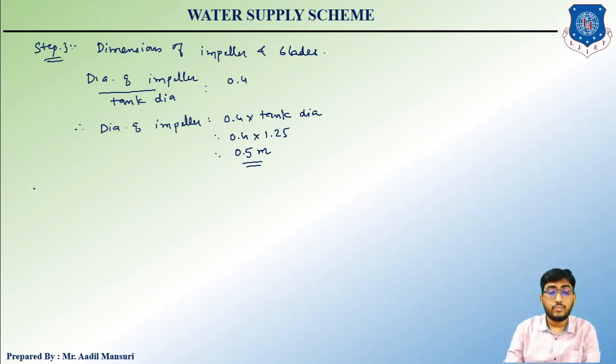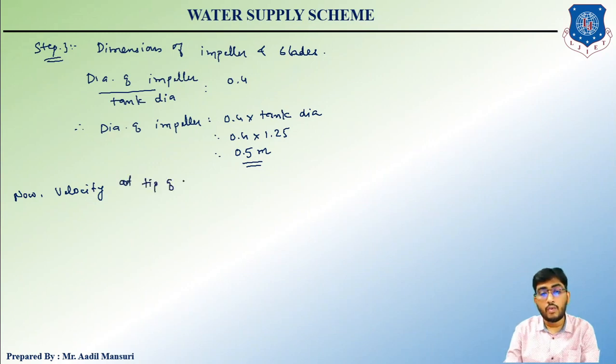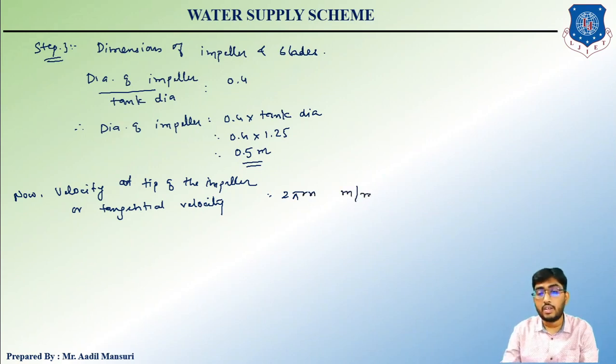Now, velocity at the tip of the impeller, or you can say tangential velocity. Tangential velocity will be 2 pi rn in meter per minute, right?